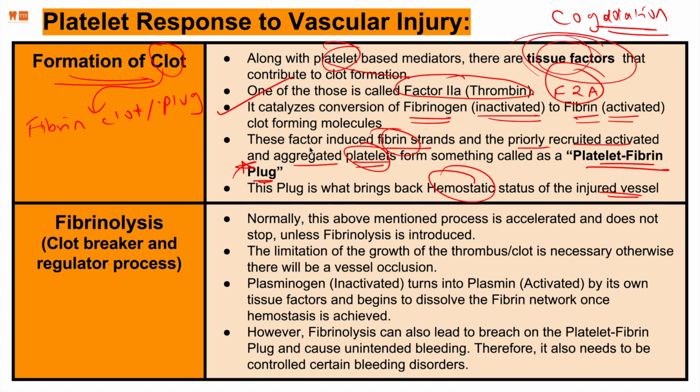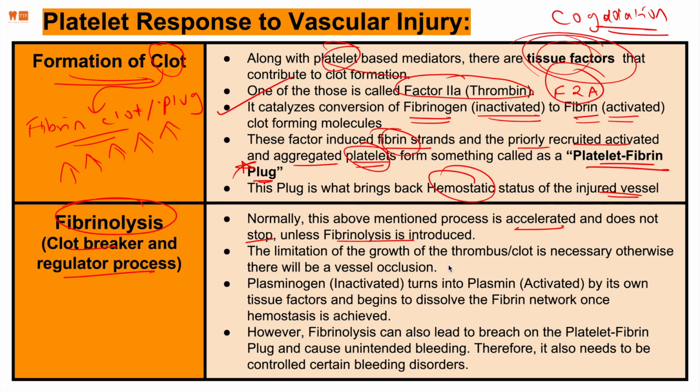But unfortunately, if this clot is not stopped, it just keeps growing and growing. Therefore, the body comes up with beautiful fibrinolysis. What is fibrinolysis? It's a clot breaker and a regulator process. Normally, this above-mentioned process is accelerated and does not stop unless fibrinolysis is introduced.